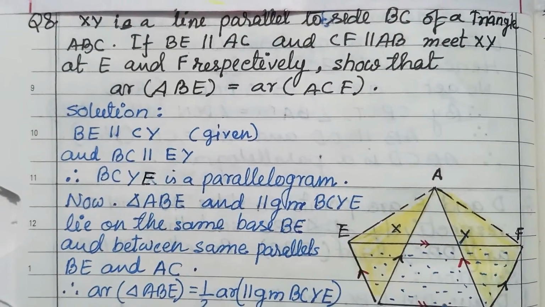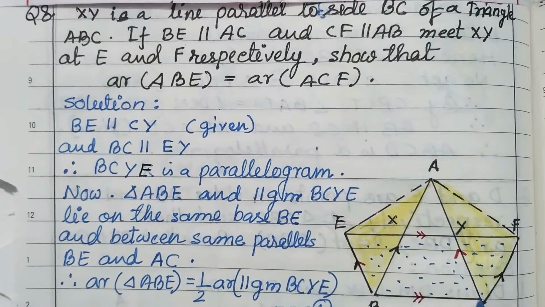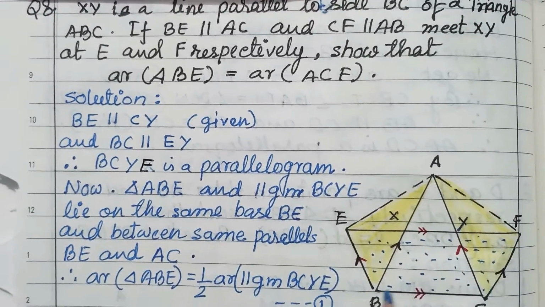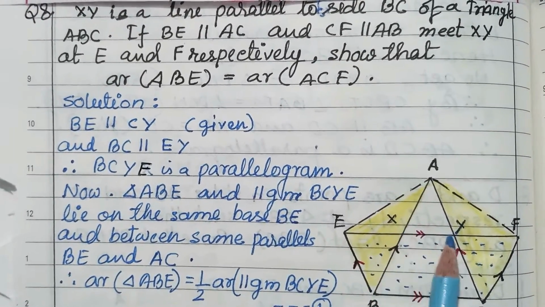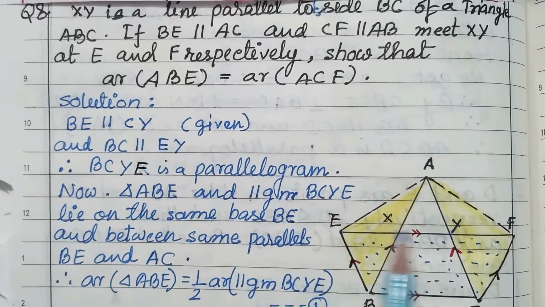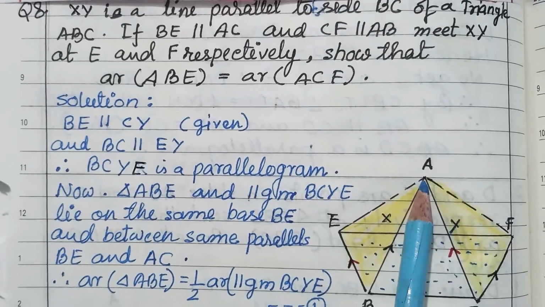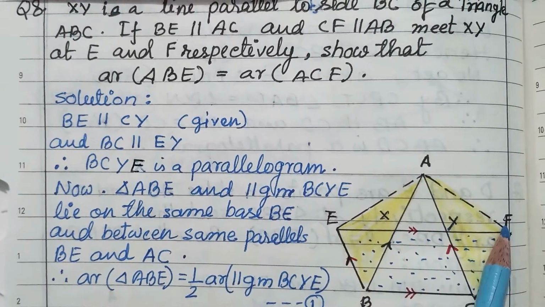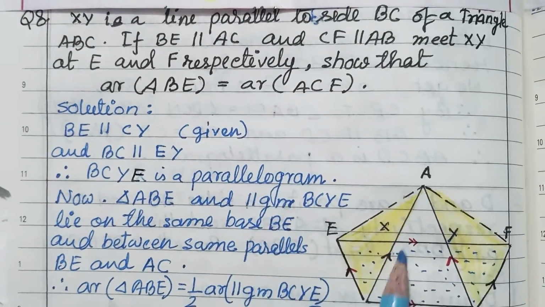If BE is parallel to AC and CF is parallel to AB, meeting XY at E and F respectively, show that the areas of triangles ABE and ACF are equal.